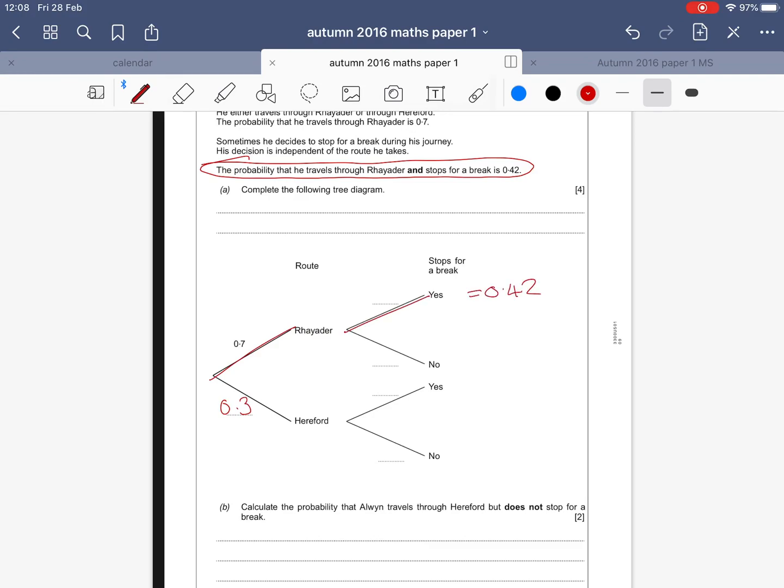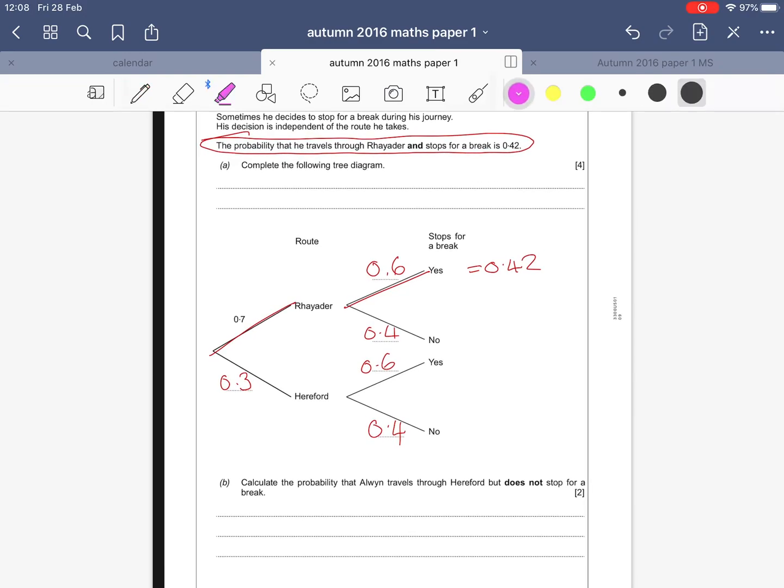That doesn't mean stops for a break is 0.42. It means 0.7 times something is 0.42, so that has to be 0.6, and then all of the rest will be the same. Calculate the probability that he travels through Hereford and then does not take a break, so we need to times those two. We need to do 0.3 times 0.4 to get 0.12.